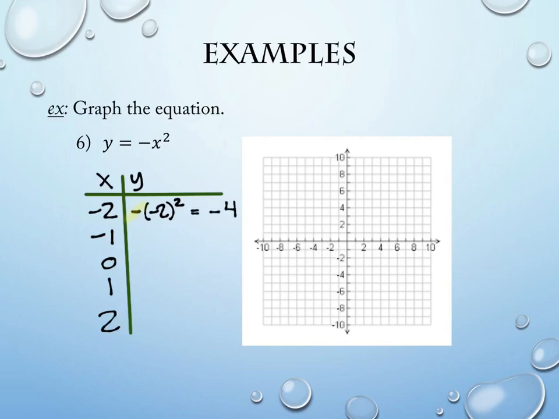So I end up getting a -4 because of the negative at the very front, not because of the negative on the inside. Then we're going to do the opposite or negative of (-1)². So again, (-1)² is 1. And then the negative out in front makes it a -1.